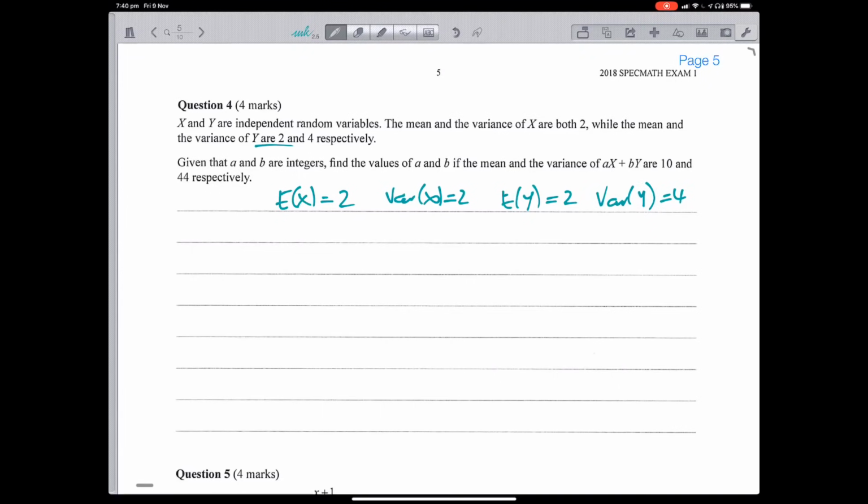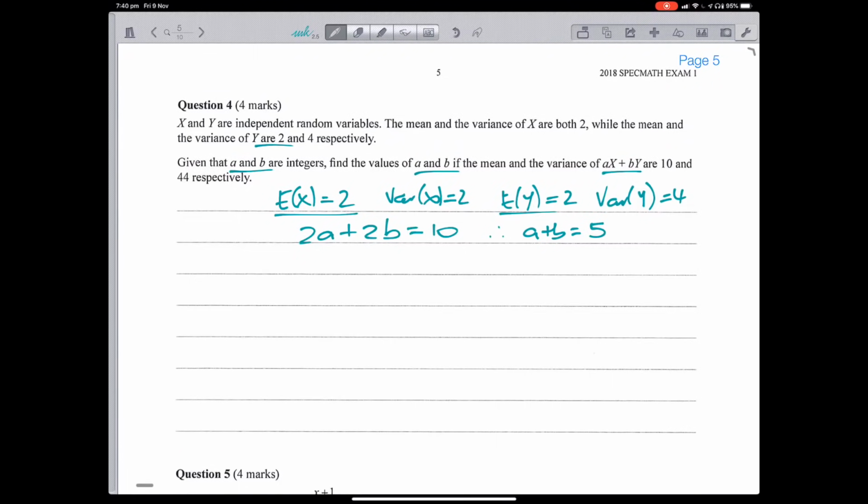So, given that a and b are integers, the values of a and b, if the mean is, okay, so aX plus bY, we're going to get 2a plus 2b is equal to 10, so therefore a plus b is equal to 5.